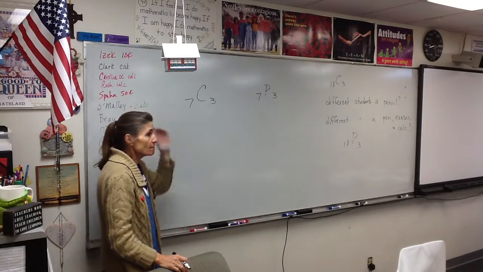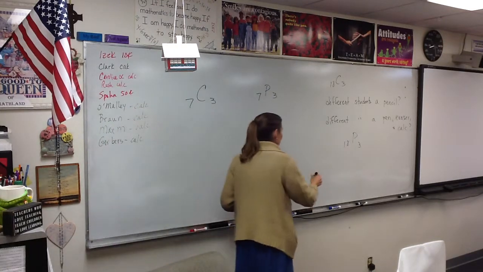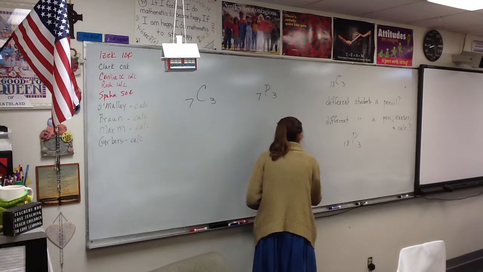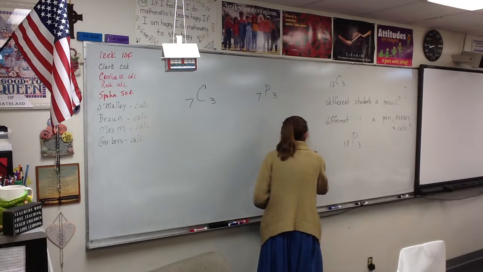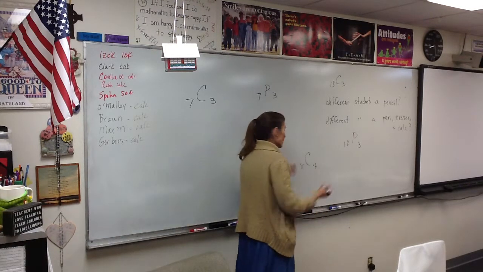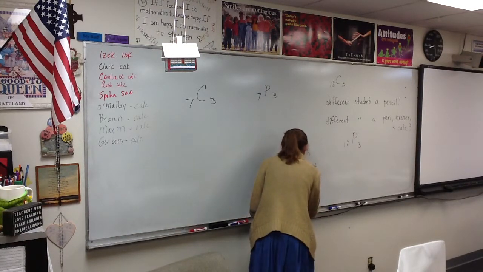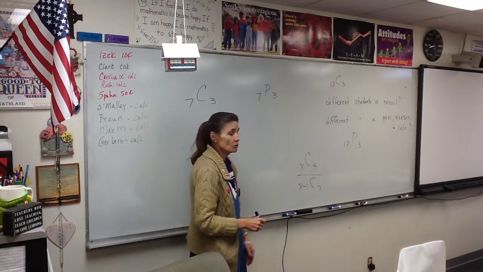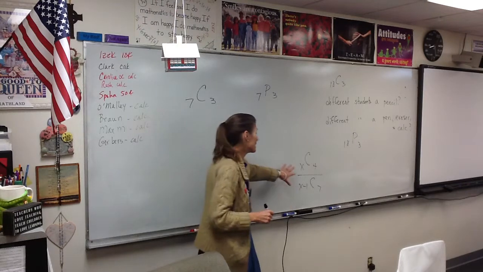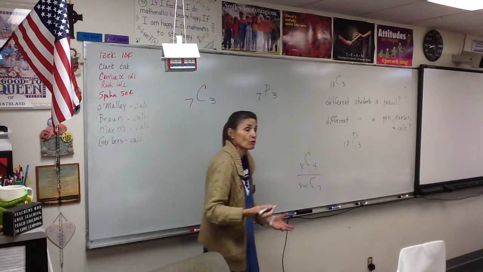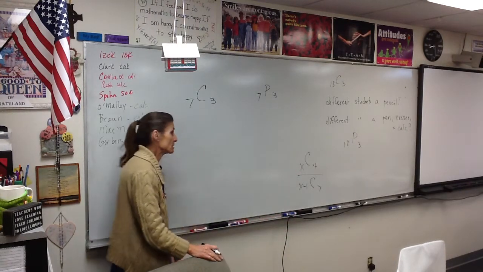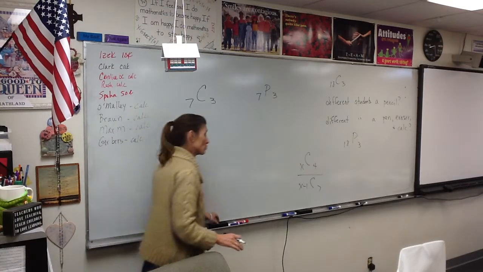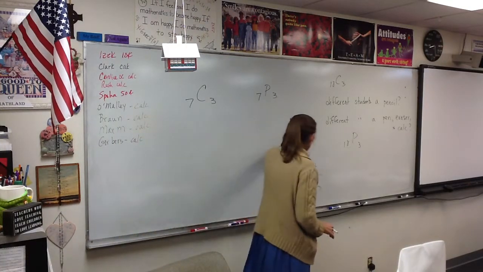The reason this is important is there will be problems where you have to do xC4 divided by (x minus 1)C7 or something like that, and you'll need to reduce that fraction. You cannot type that in on your calculator, so you're going to have to understand how it's done by hand. It's really, really simple.